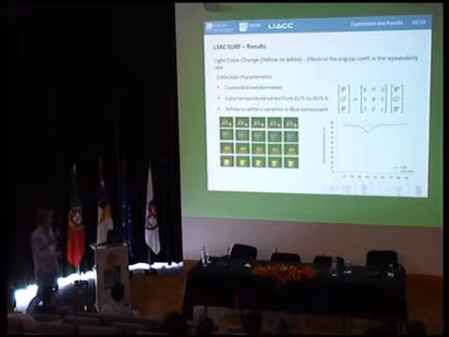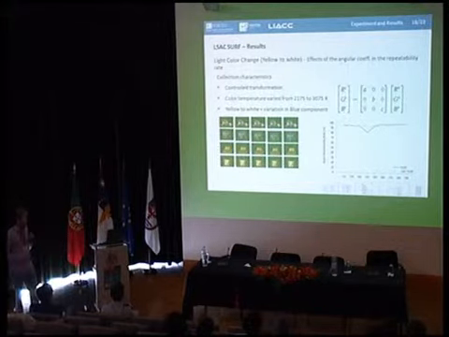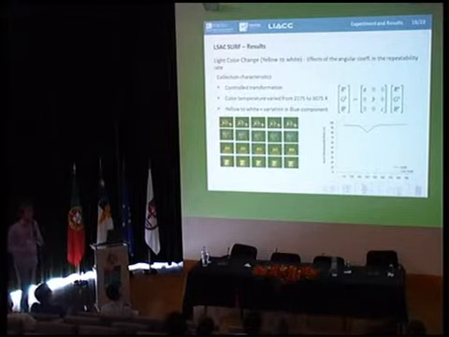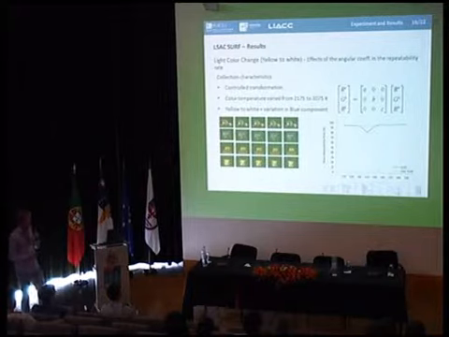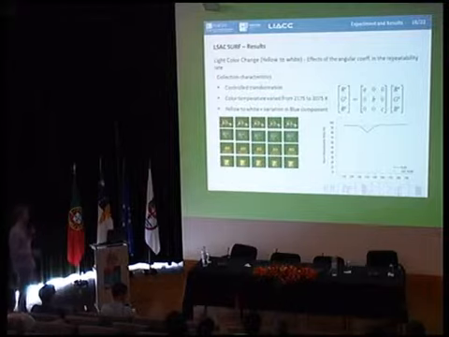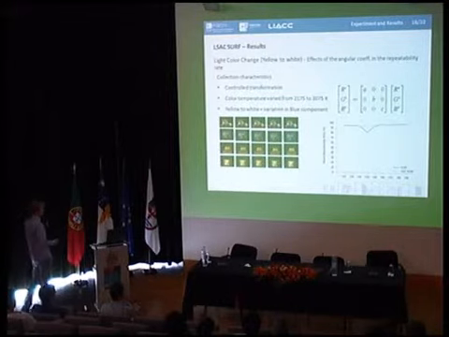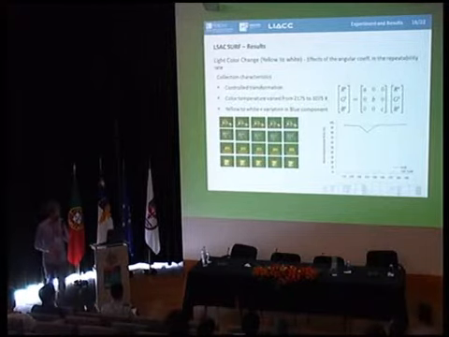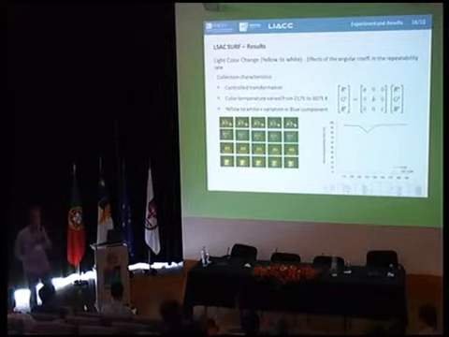Here we have a sample of these transformations, and the results show a very high repeatability rate for both algorithms. At first, this result may seem surprising, but if we analyze it deeply, we can understand why this happened.